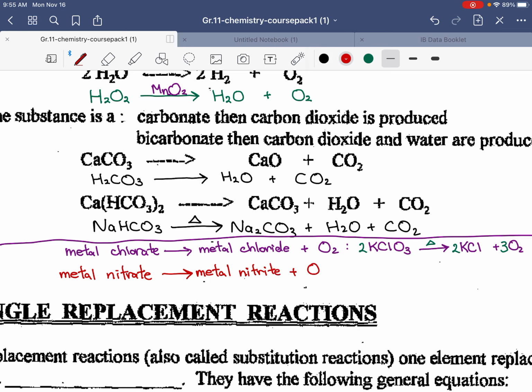Again, releasing more oxygen gas as a product. An example will be sodium nitrate. Okay, this stuff decomposes to give you sodium nitrite plus oxygen gas.